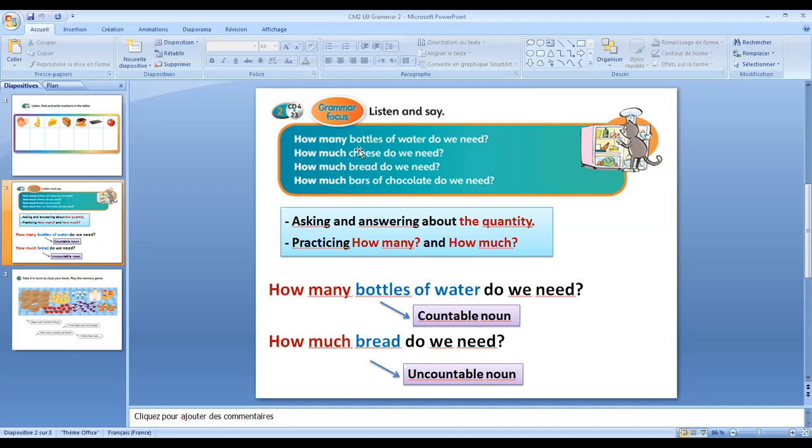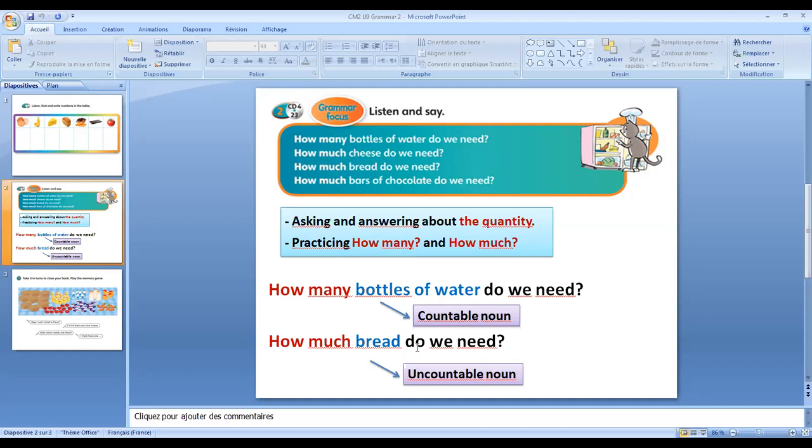It means, can we count them or we cannot? If we can count them, it means 1 bottle, 2 bottles, 3 bottles. We say it is countable and we say how many. But if it is uncountable, for example, cheese, we cannot say 1 cheese, 2 cheese, 3 cheese. No, it's uncountable. We say a piece of cheese, okay? A piece of cheese, 2 pieces of cheese, 3 pieces of cheese. So here we don't use piece, we use directly cheese. It means it's uncountable. So we say how much cheese.